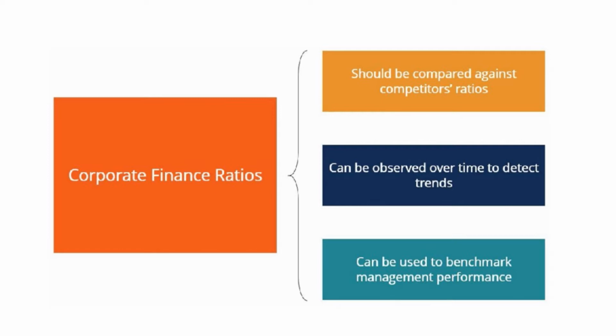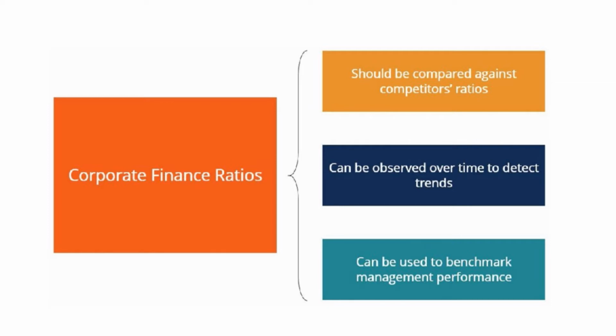If you want to know how the financial ratios of a company can affect the stock or the bond in your portfolio, you need to do those three things. Compare them against competitors' ratios. Look at the trend in terms of the ratios themselves, from 1 year, 3 years, or 5 years, and try to use those as a benchmark to see how the current CEO and his or her team are doing.